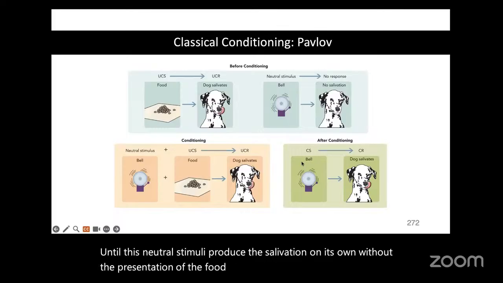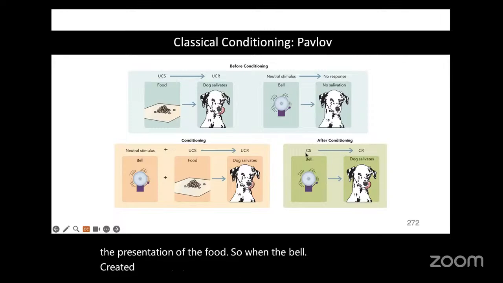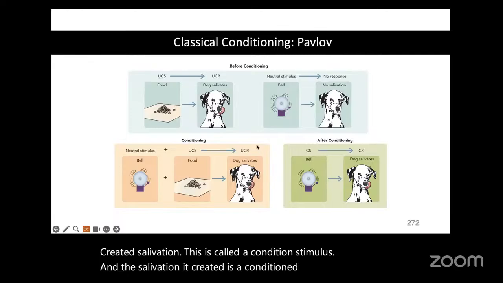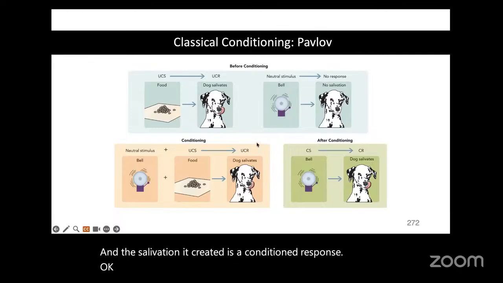So when the bell created salivation, this is called a conditioned stimulus, and the salivation it created is a conditioned response. Okay. So this is the idea behind classical, or what's known as associative, learning.